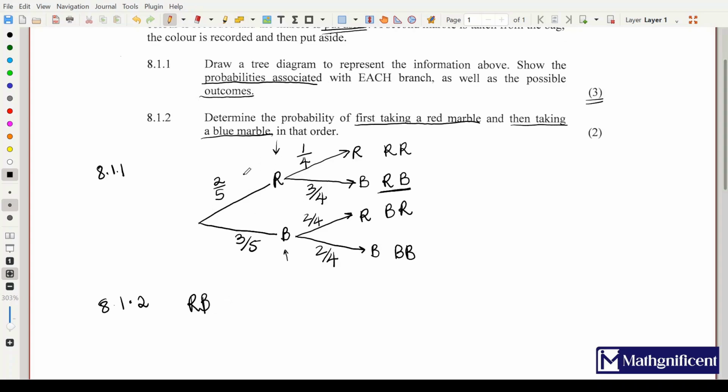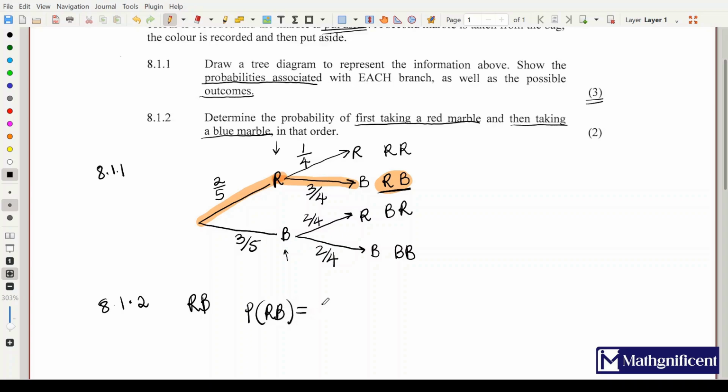Remember, to get these probabilities, since we are moving across, it's red first, then blue. To get the probability of this outcome, we should multiply the probabilities that are on the branches. We are looking for the probability of selecting red and then blue.